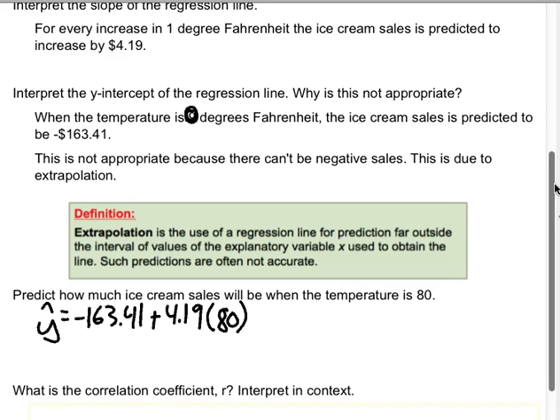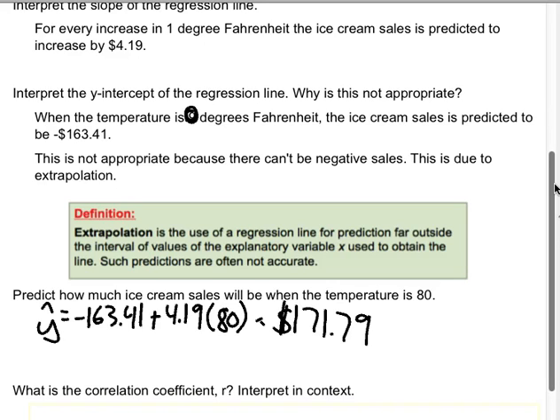So negative 163.41 plus 4.19 times 80. My predicted sales are about $171.79 when the temperature is 80 degrees. And that is a much more reasonable value because I'm not extrapolating my information to get that value.